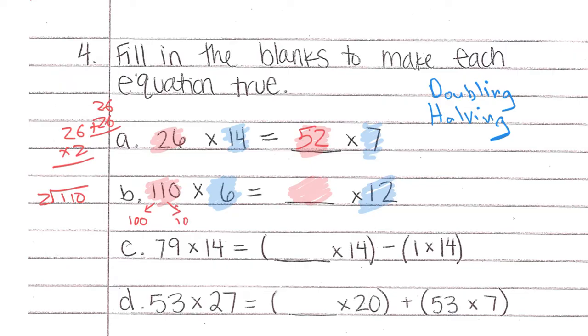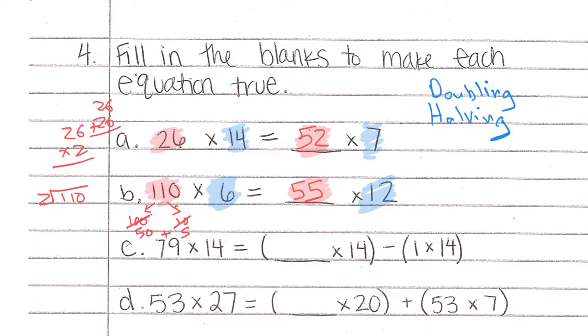And most of the time, if you do that, you're going to find that mentally you can cut 100 in half and get 50. You can cut 10 in half and get 5. And when you add them together, you get 55. Same answer regardless. Okay? So these equations are now true because if I multiply these two numbers, I'm going to get the same answer as if I multiply these two numbers together.